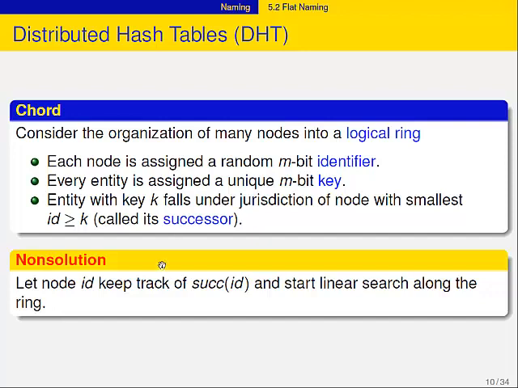And what you then do is try to find your stuff, which has been identified by a key, by routing through this logical ring. An obvious non-solution is that you let a node with ID keep track of its successor ID and then start a linear search through the ring.